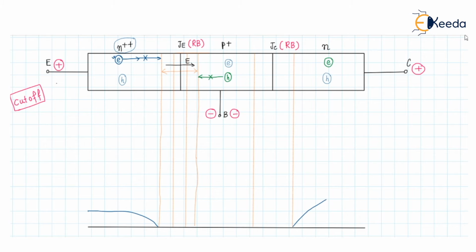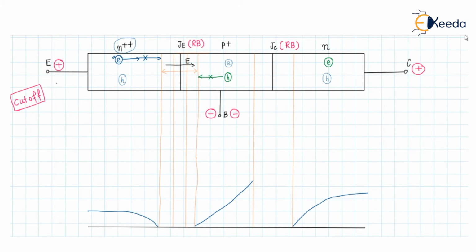It will have a higher value than the emitter because the collector is lightly doped. That's why the minority carrier concentration is high here with respect to the emitter, and the minority carrier concentration at the base region will look like this.